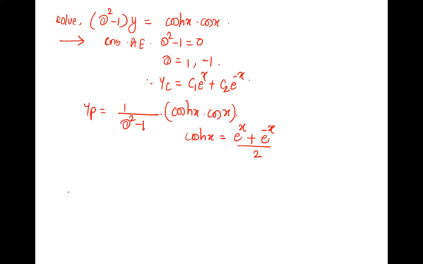Case number 5. Fifth case, correct. So we will apply the formula to this: e raised to x plus e raised to minus x upon 2, into cos x. And what is the formula of sine hyperbolic? It is e raised to x minus e raised to minus x, correct.